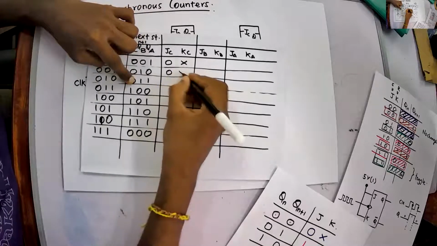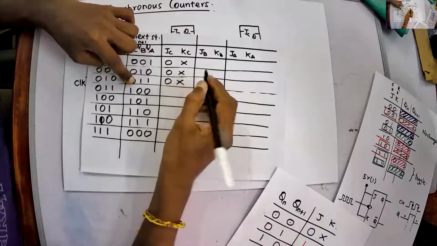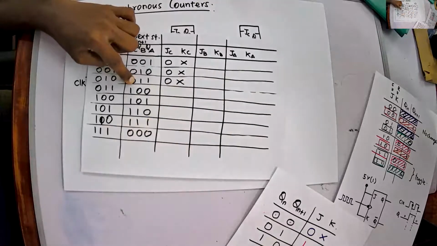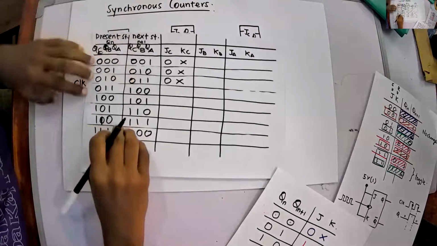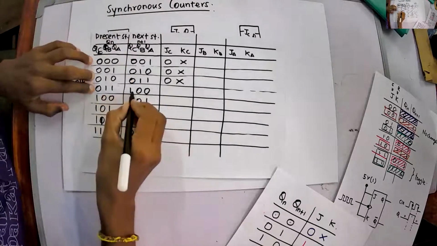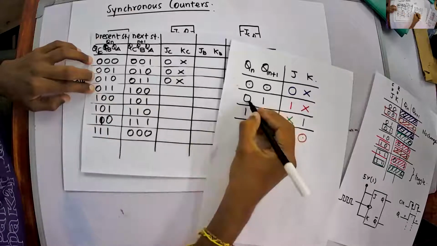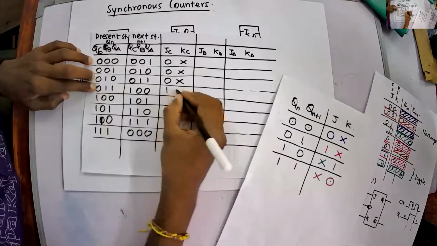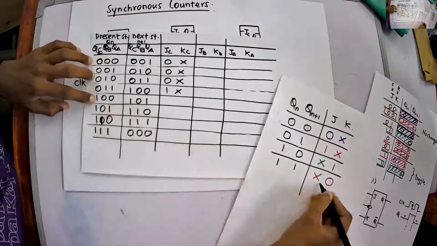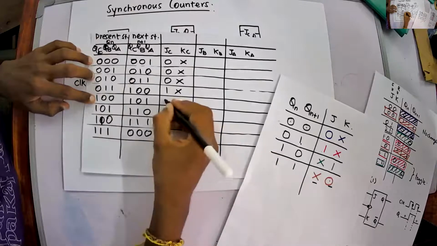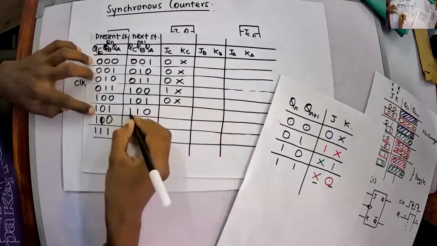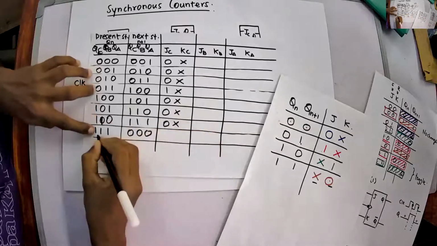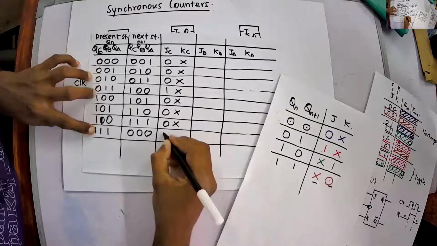So all these three are 0x, 0x, and 0x. Similarly, if it is 0, 1, look here. 0, 1 means 1x. Am I right? 0, 1 means 1x. 1, 1 means 0x. 1, 1, 0x, 1, 1, 0x, and 1, 0, x, 1.